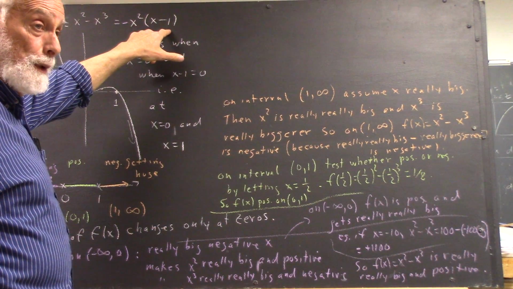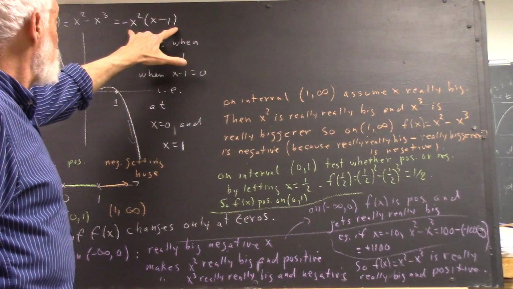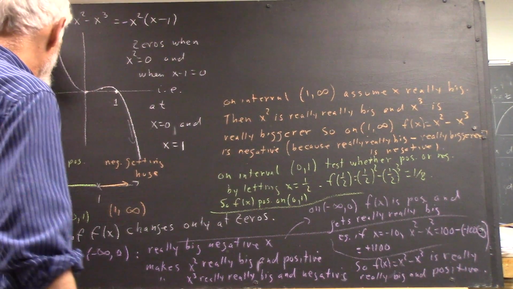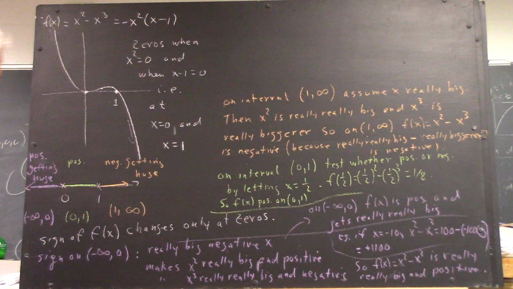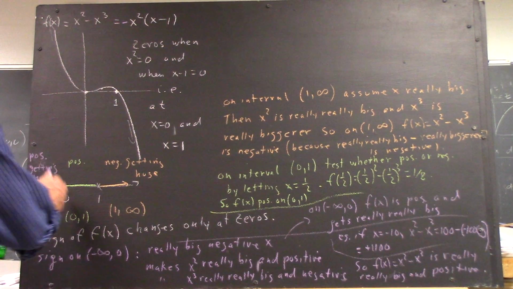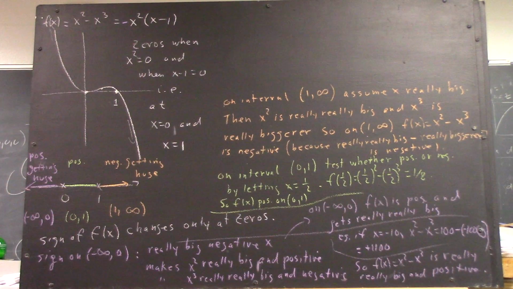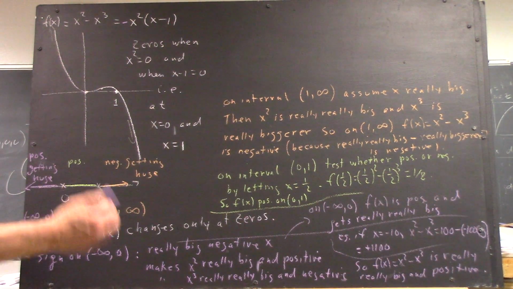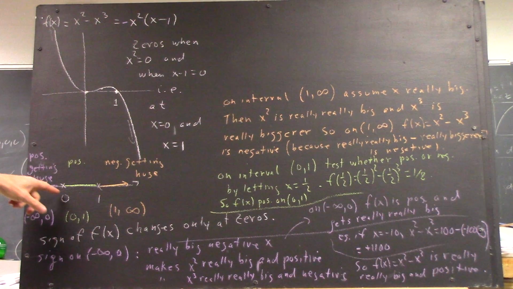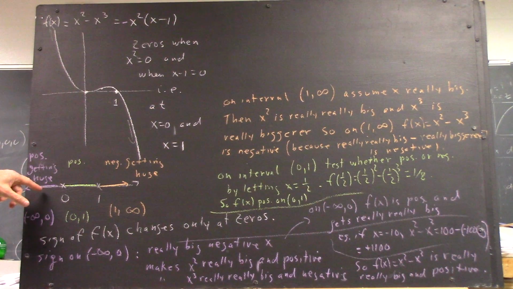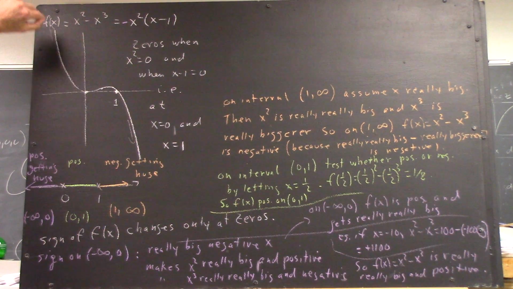The x minus 1 is going to be negative. So that's going to make this negative, but we have the negative out in front making this positive. So again, we divide the axis into 3 intervals. And on this interval, we argue from the fact that if x is a really big negative number, you get a humongous positive number out of this, that here x is positive and getting huge. So that's the way it looks.